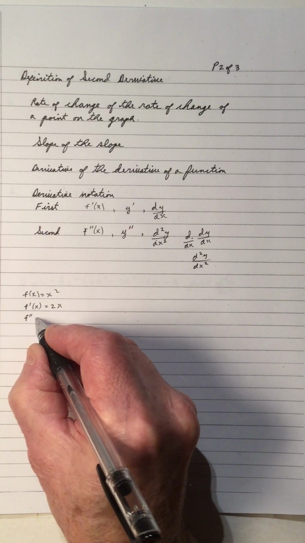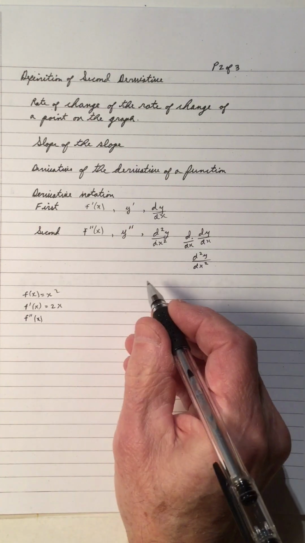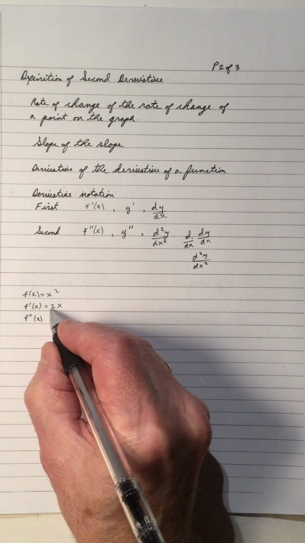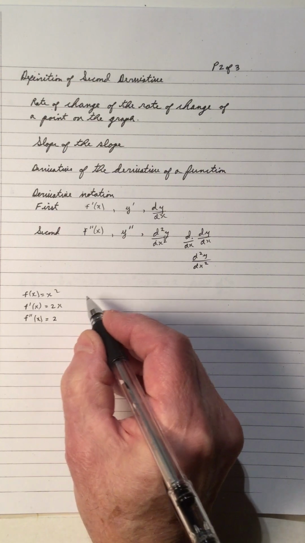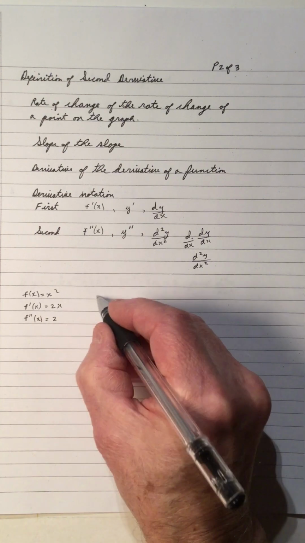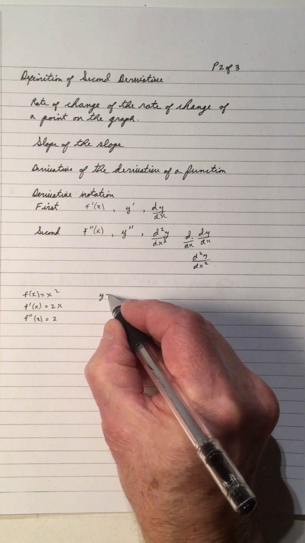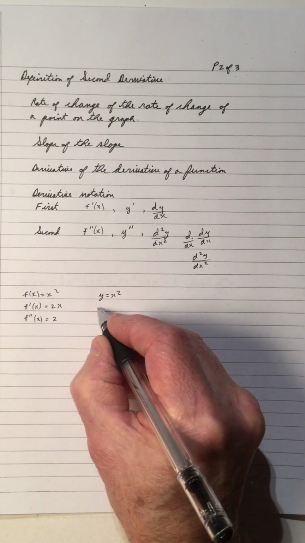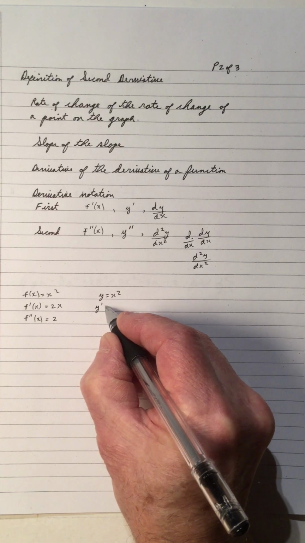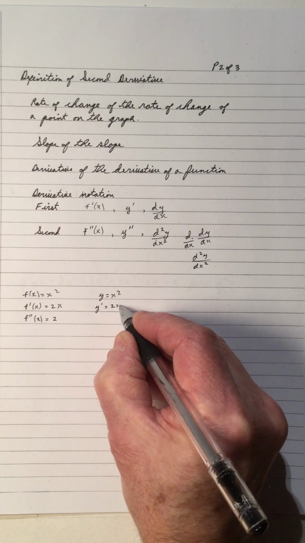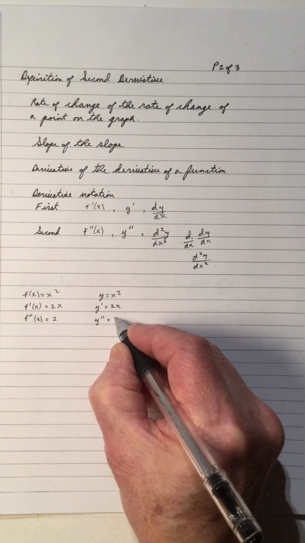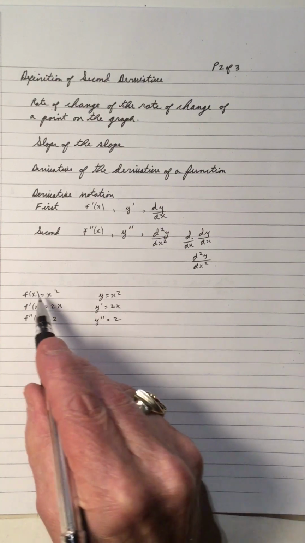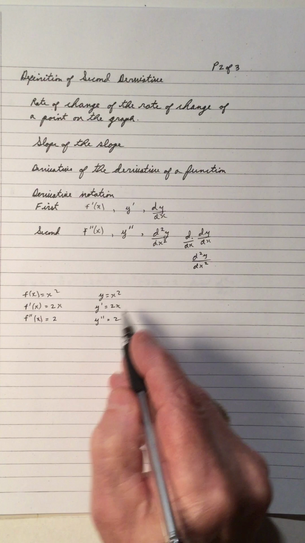So for the second derivative, we have 2x, so the derivative of 2x is just 2, because that's a linear. If we're using y equals x squared, then the first derivative is y prime, so it's 2x, and the second derivative on the first one is 2. So the two of these are the same, only I'm just doing different notation.